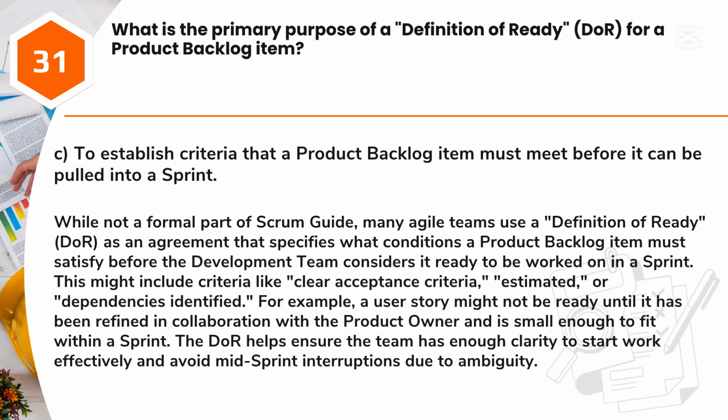This might include criteria like clear acceptance criteria, estimated, or dependencies identified. For example, a user story might not be ready until it has been refined in collaboration with the product owner and is small enough to fit within a sprint. The definition helps ensure the team has enough clarity to start work effectively and avoid mid-sprint interruptions due to ambiguity.